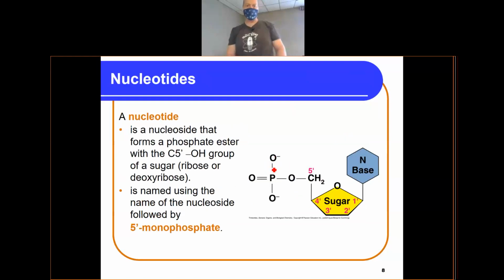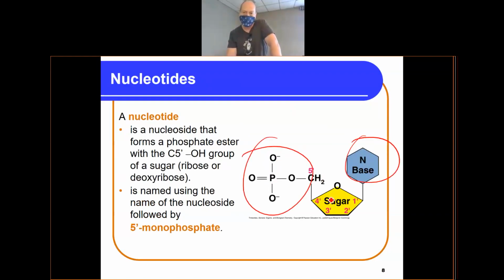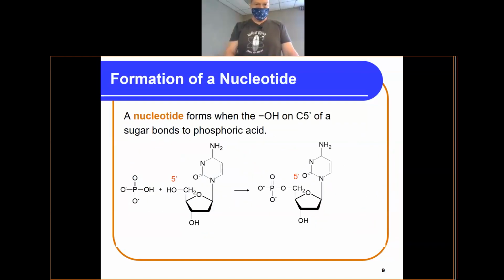All right, and you need to know what a ribonucleotide is. Again, 5' phosphate, 1' base, and a ribose sugar, whether it's deoxyribose or ribose, RNA or DNA. When you link your phosphate to make the monomer for RNA and DNA, you lasso water, the OH from the phosphate and the H from the 5'.